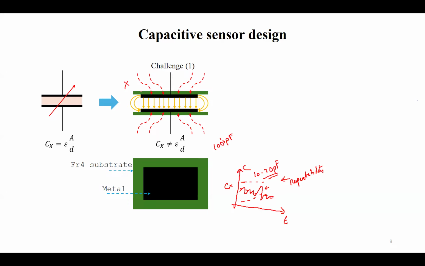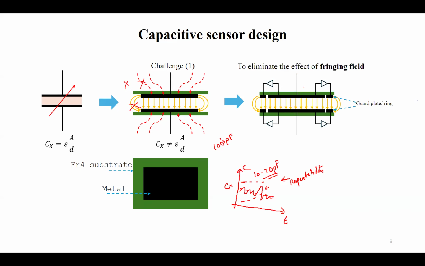So how do we eliminate the effect of this fringing field and the interference from the outside world? The simple method is that we'll have two more metallic plates as shown here. This is metallic plate 1 and this is metallic plate 2, the same plates as shown here. Apart from that, I have added two more plates.